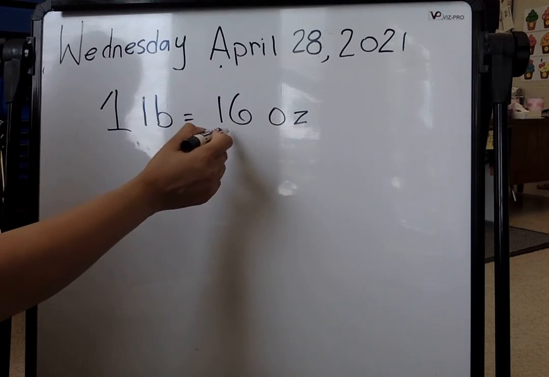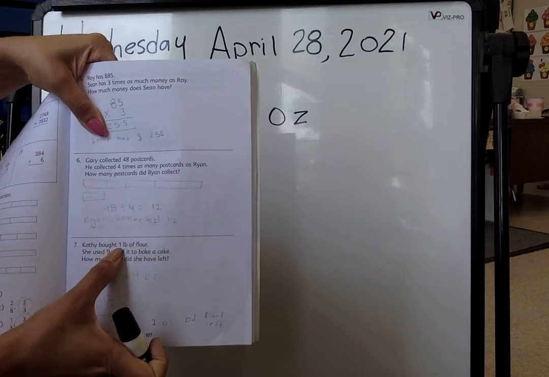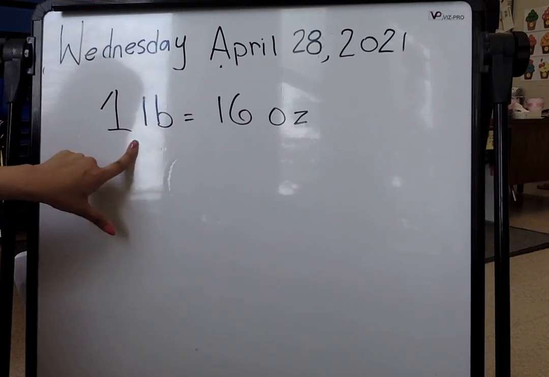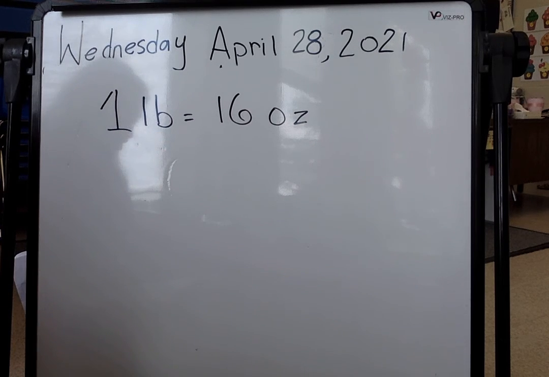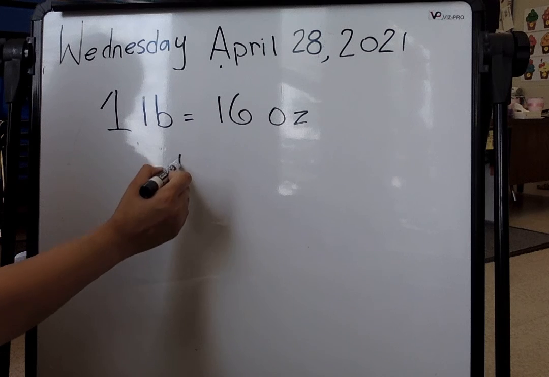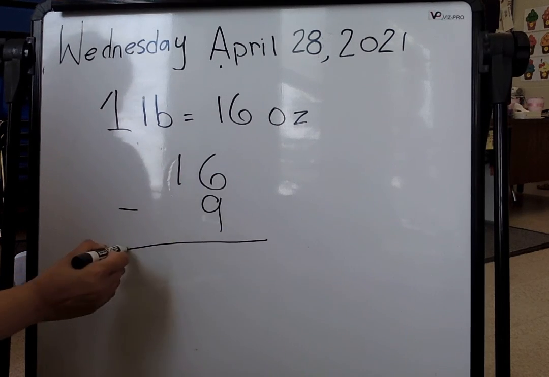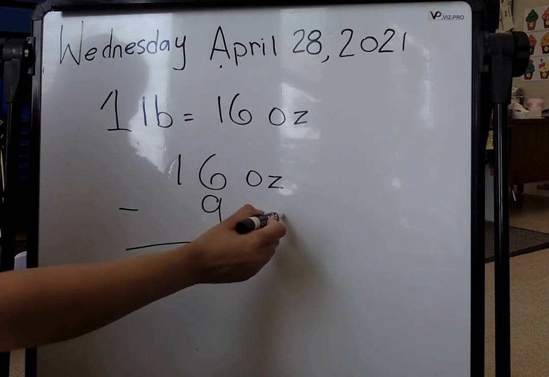So let's go ahead, because 1 pound equals 16 ounces. Kathy bought 1 pound of flour, so we know she bought 16 ounces. And how much did she use? She used 9 ounces to bake a cake. So we do 16 ounces take away 9 ounces.